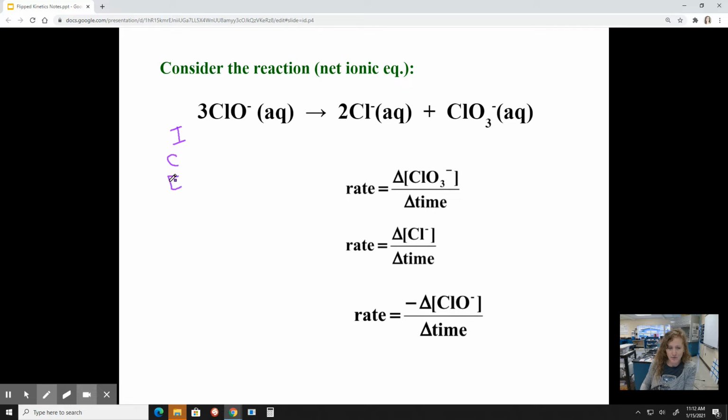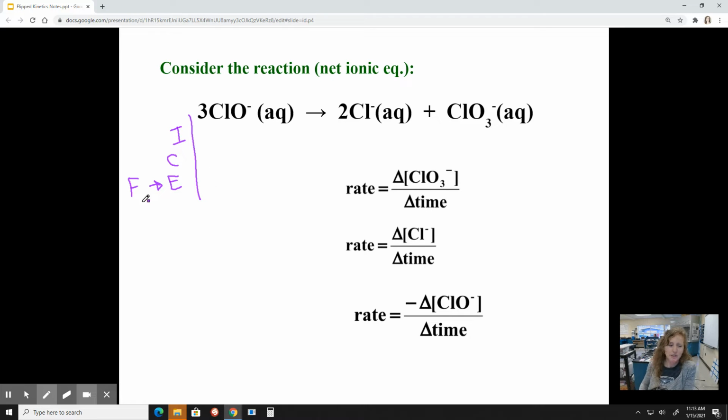Remember this table? We've dealt with this table before. We like to call it the ICE table. Sometimes this E is not an E, sometimes it's F. So it's either initial, change, equilibrium or initial, change, final. Since we haven't really talked through equilibrium in detail yet, it might look more like an IC table rather than an ICE table, but that's okay.